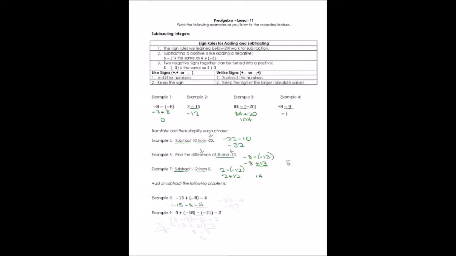And that's the same problem. Either way you want to look at it is fine. I have negative 15 minus 8. Both of those have the same sign, so I'm going to add them together. I'm going to get 23, and I'll keep the sign, which is negative, and then I'm going to write the rest of my problem down, minus 4. Well, 23 minus 4 is going to be same sign, add them, and keep the sign, negative 27.